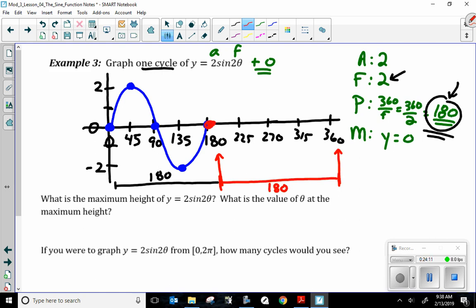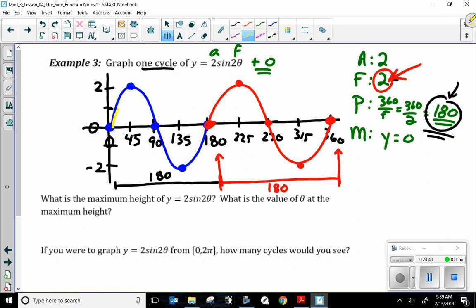So I start at the midline, I end at the midline, and the middle is the midline. In between my first 2 dots, I go up 2. In between the last 2 dots, I go down 2. So look, it would continue. If I wanted to graph this 360 degrees, I should see 2 sine curves. That's what that number tells me. The frequency is 2. How many curves in 360 degrees?